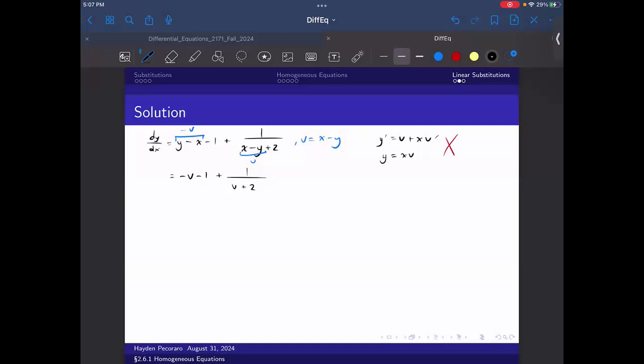I think I've done that before. So usually when you have a new substitution, the easiest way to get the derivative is just take the derivative directly. So here we'll get dv/dx equals 1 minus dy/dx. Okay, and so now we can go ahead and solve for dy/dx and then just substitute that back in. So dy/dx equals 1 minus dv/dx. And that's what we'll put over here.